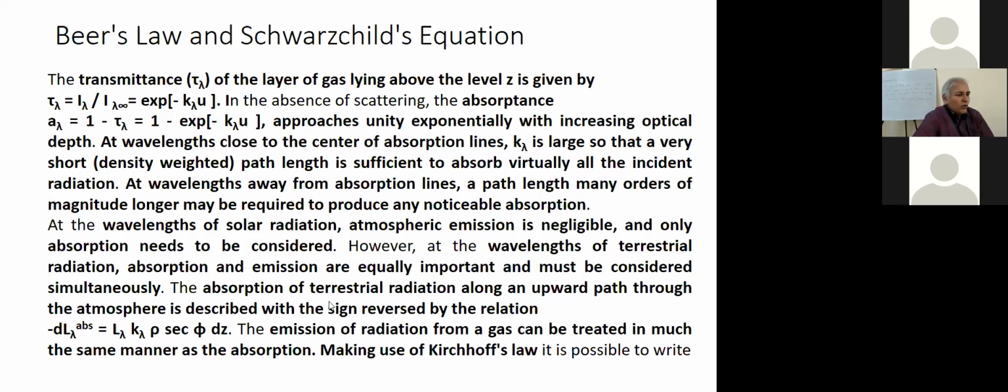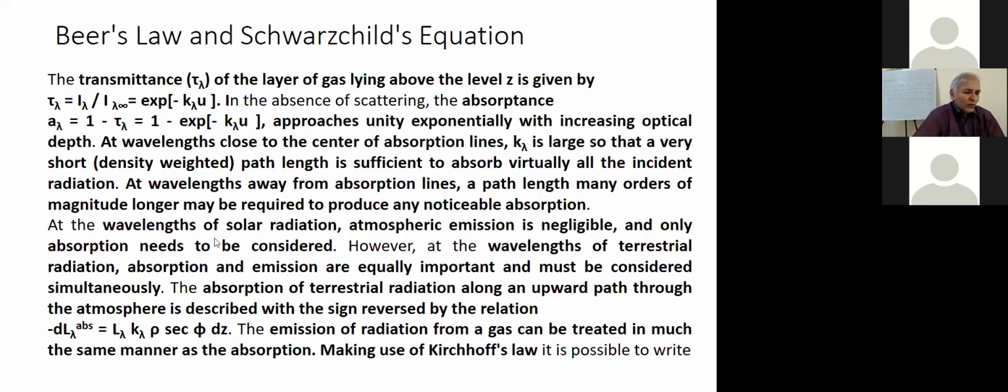How much of this terrestrial radiation gets absorbed along the upward path through the atmosphere is described by the same Beer's law, right? So you can see K lambda rho secant phi dz. The only thing is, earlier for the incoming solar radiation dz was considered negative, as it is in the negative z direction. Now dz is considered positive.